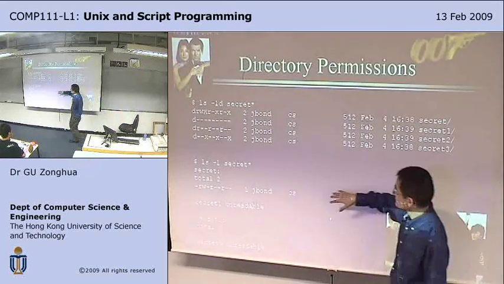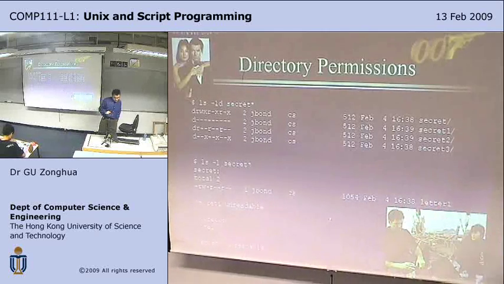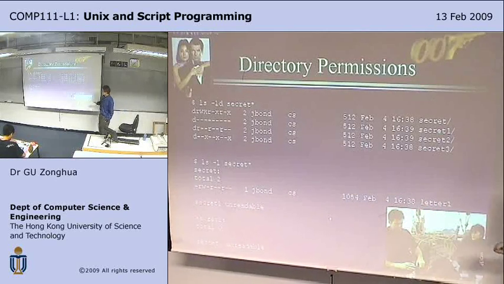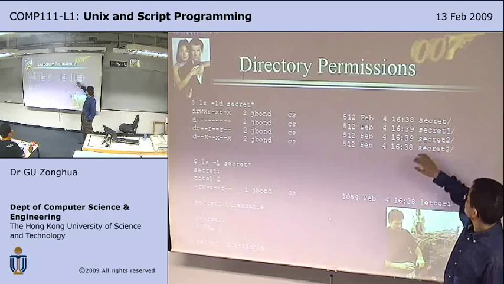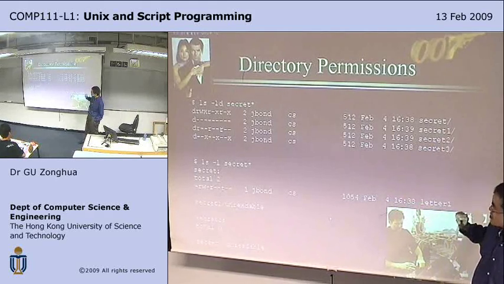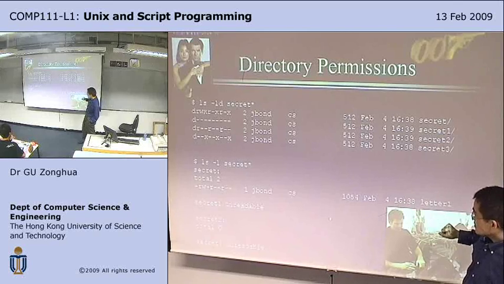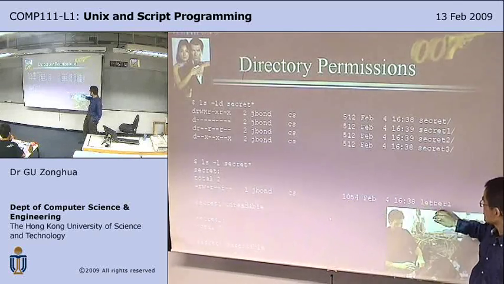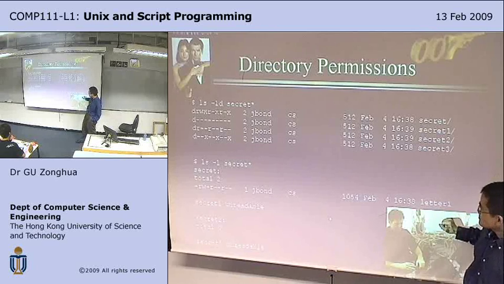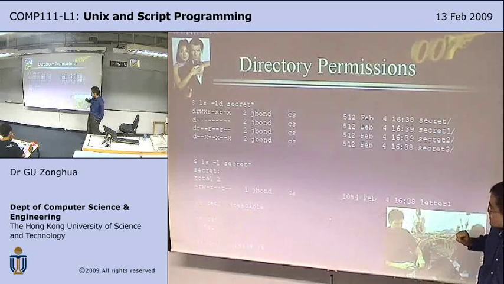So notice the difference from ls -ld. Because I have read permission on the directory secret, I can see what's in the secret directory. You have a letter1 file, perhaps a hidden file. So it says total 2 files.